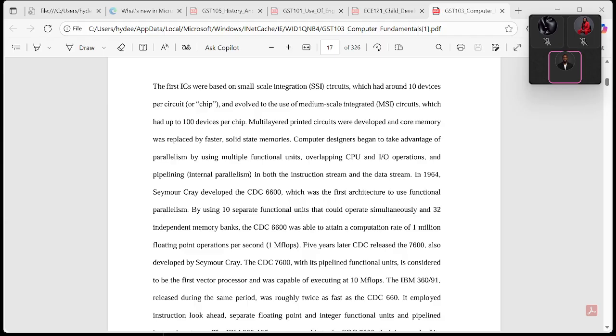The operating system that came out in the fourth generation was the Unix operating system. And for the fifth generation, the core technology was the continuation of the VLSI.